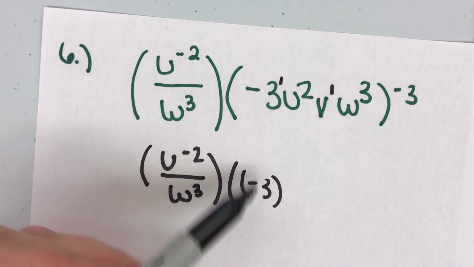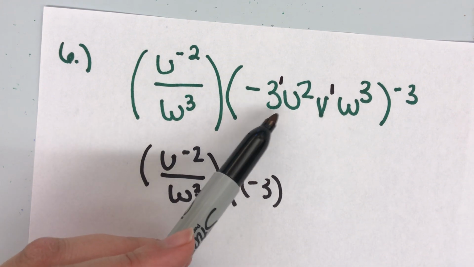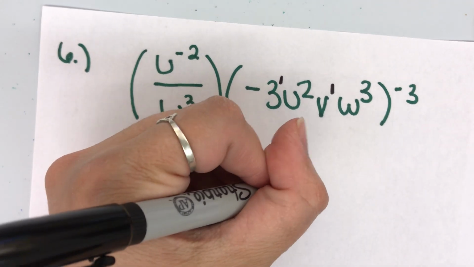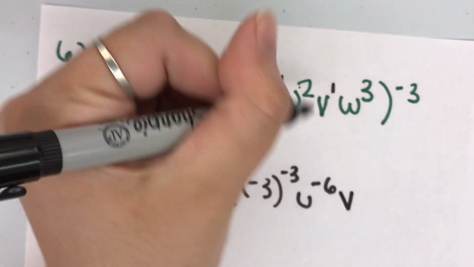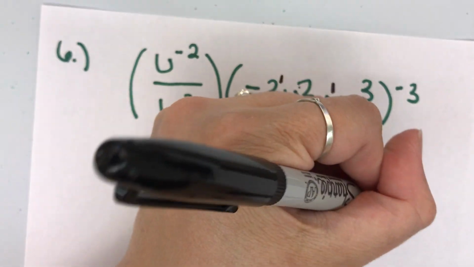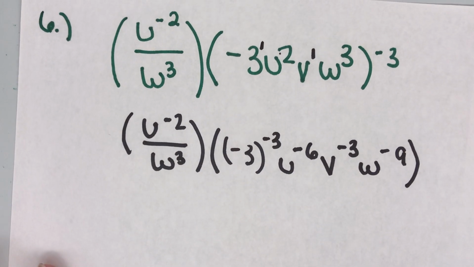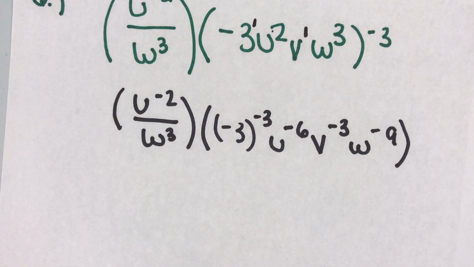Remember, numbers are a little tricky. You have to keep them in parentheses for calculator purposes. But -3 is going to be to the -3. U is going to end up being to the -6. V is going to end up being to the -3. And W to the -9. Just like that.